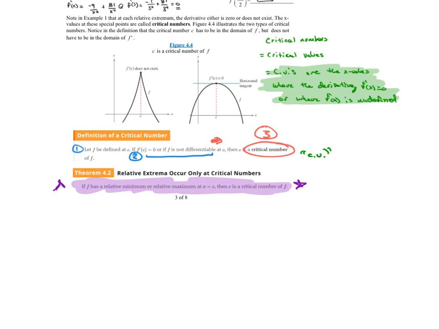Not all critical numbers are maximums or minimums, but all maxes and mins are critical numbers. Let me say that again. Not all critical numbers are maximums and minimums, but it does go the other direction. All maximums and minimums must occur at a critical number. So if we have found all the critical numbers, we have found all the potential maximums and minimums.